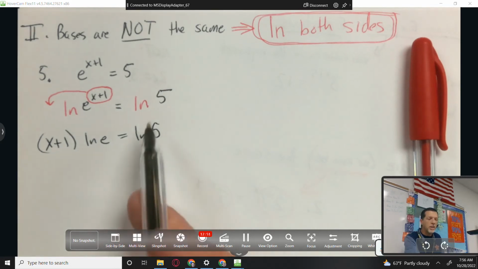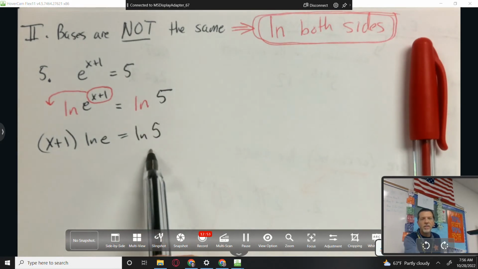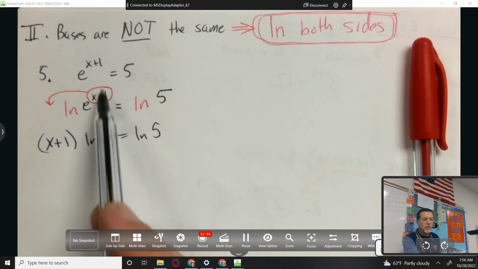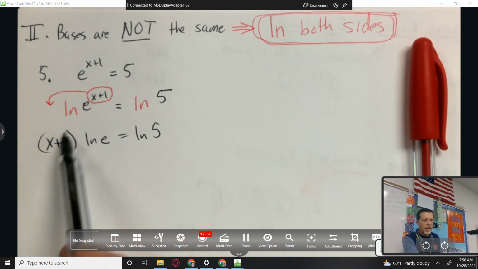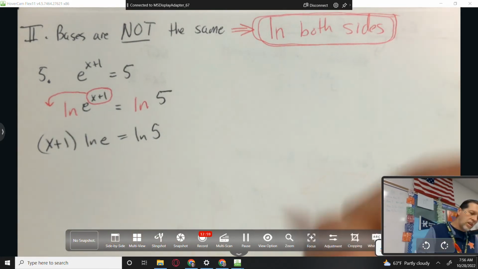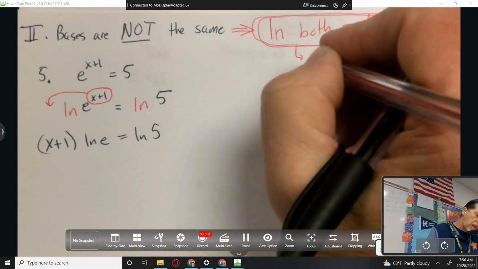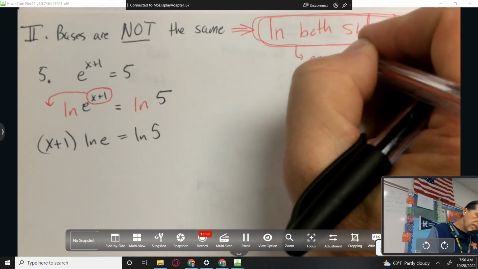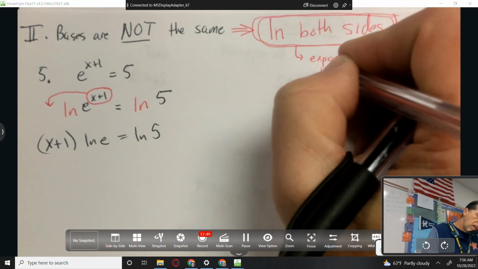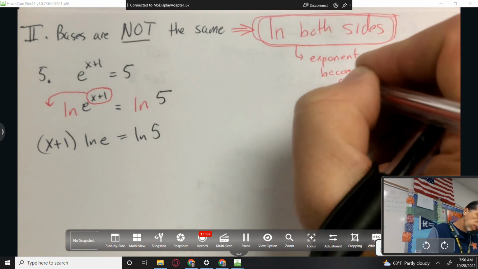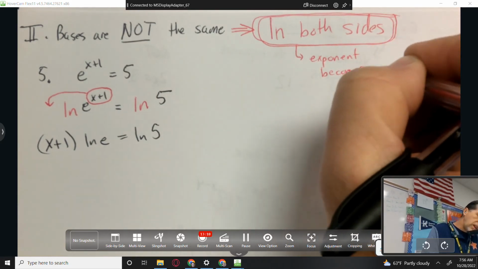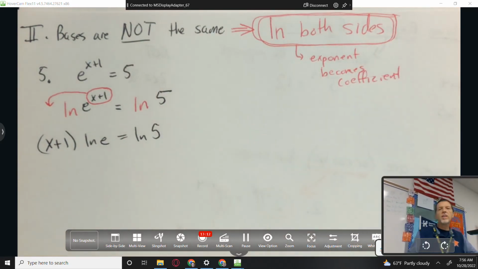You get some ugly numbers, like I don't know what the natural log of 5 is, but I at least got my variable out of the exponent, and now it's a coefficient. So the reason we natural log both sides is so that the exponent becomes the coefficient.